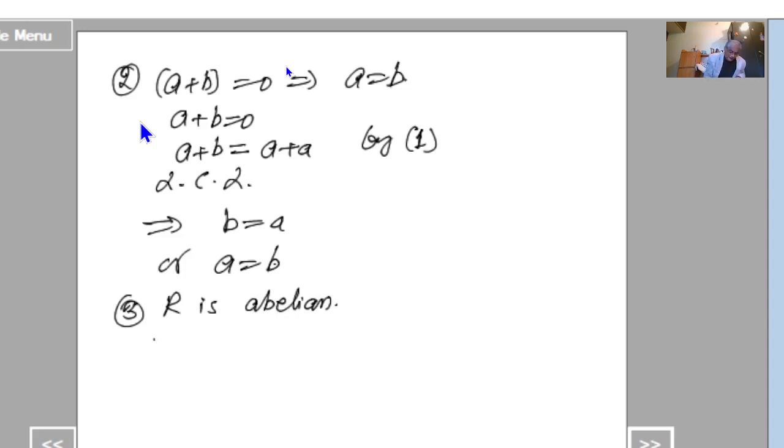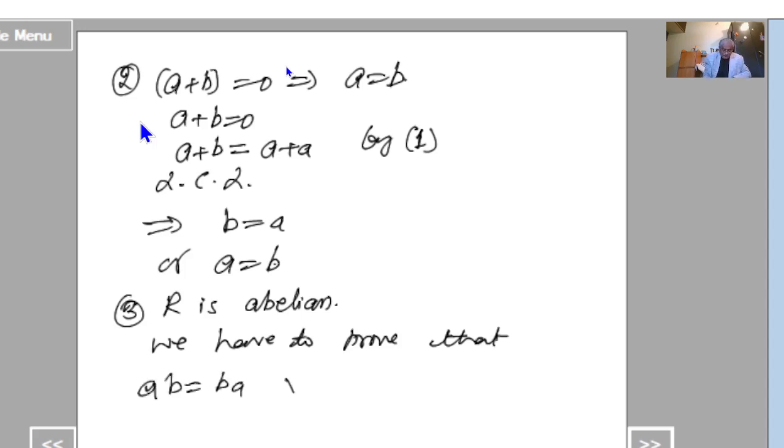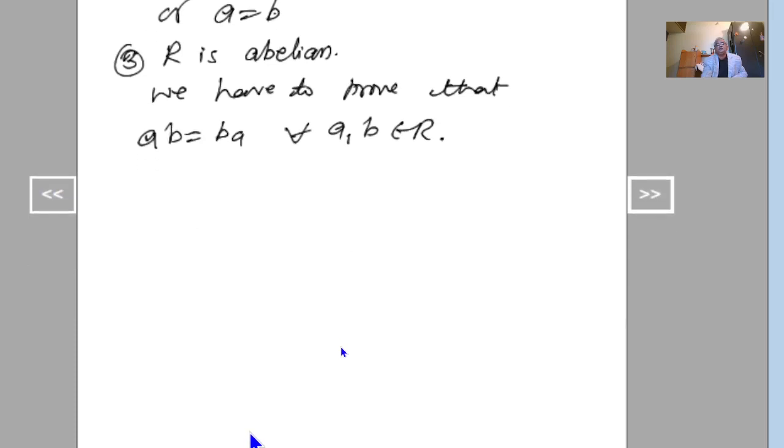We have to prove that AB equal to BA for all A and B belonging to R. This we have to prove. Okay, so here let A, B belong to R.